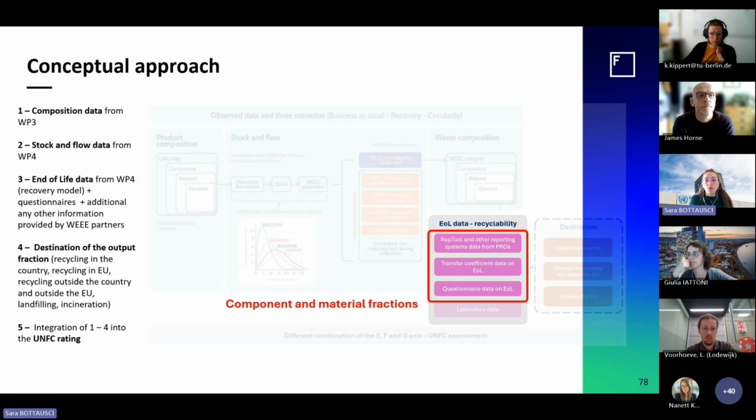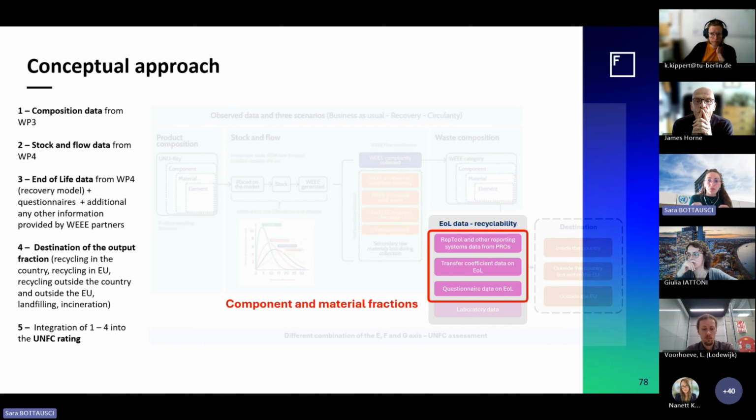In particular, a few words on the data availability, because all the data that we have used until the end of life, as said, were already results of the project, while the end of life was something that we needed to model in the context of the UNFC case studies. So for the component and the material fraction, we have used data coming from reporting systems such as RepTool.